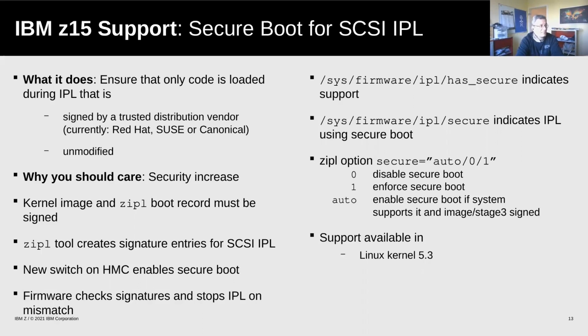What it does is make sure that when you're loading, or IPLing, as we say on the C, a Linux instance, the kernel you're running is actually provided by the respective distributor, which would be either Red Hat, SUSE, or Canonical. Those are the three Linux distributions where the distributors sign their kernel images, and we verify that these signatures are valid. And if they are not, we refuse to boot.